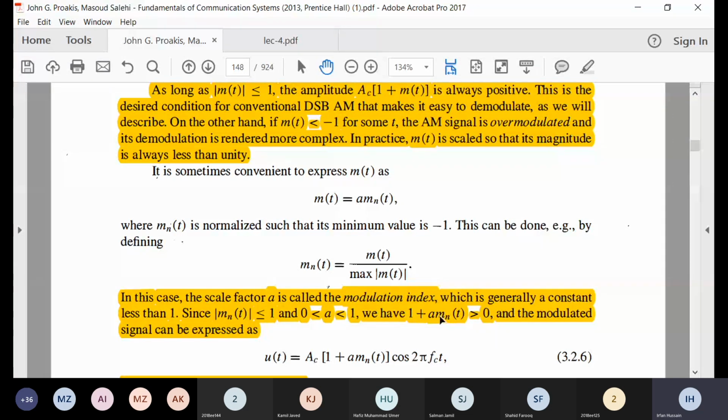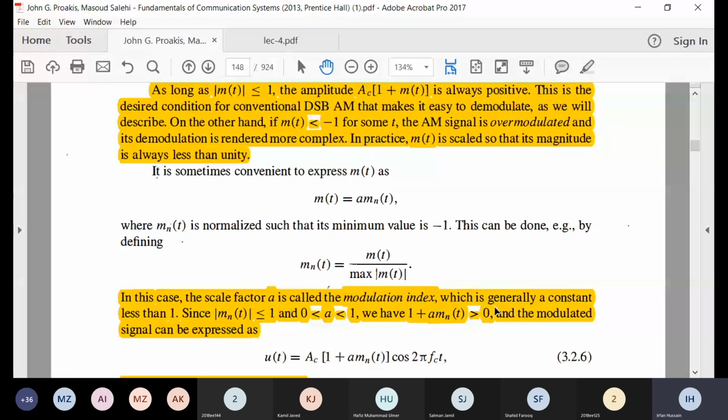So in that case, you can see that A m_n(t) is always less than 1, positive or negative. So this means 1 plus this value will always be greater than 0. If m_n is positive, then A m_n is positive, so this will be a number greater than 0 but less than 1.